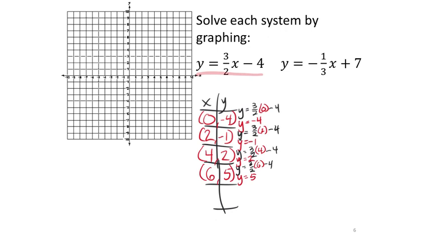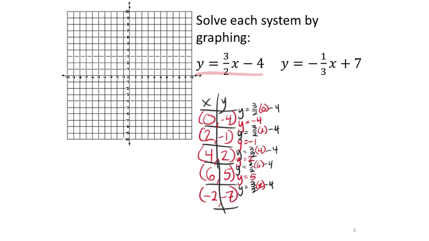I assume I possibly could need some negatives on this, so I'm actually going to throw in a -2 right here. So again, I'd have y equals 3/2 x minus 4, but we've just chosen to replace the x with -2. So what happens now? I get negative 7. All right, that's a nice ordered pair. I can put that on the graph.